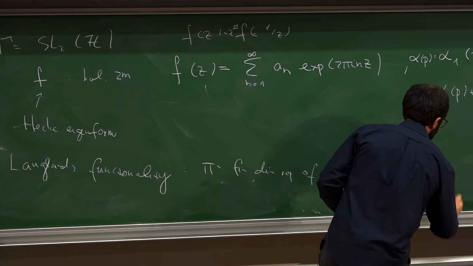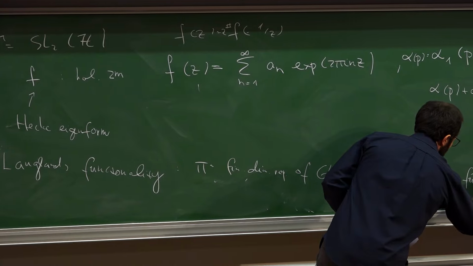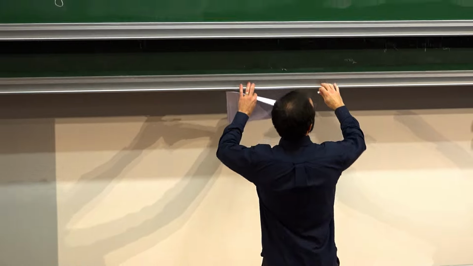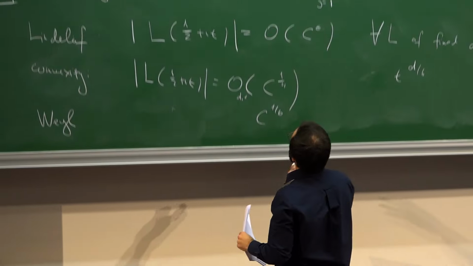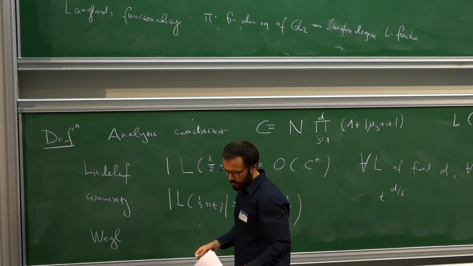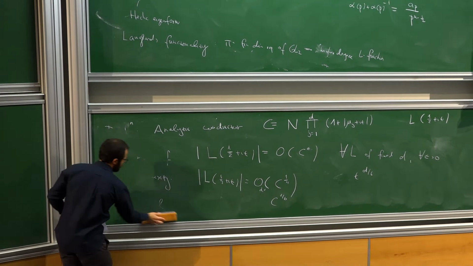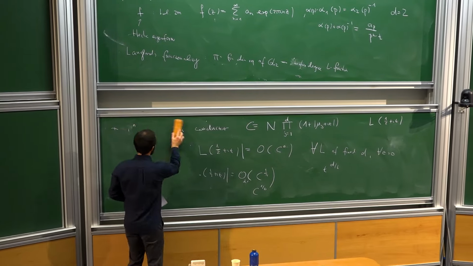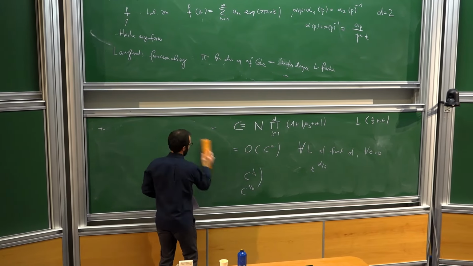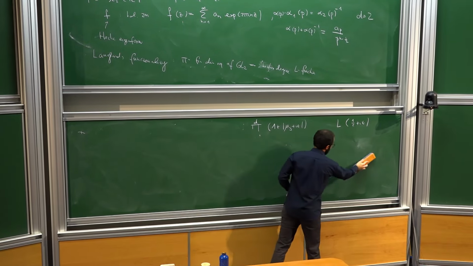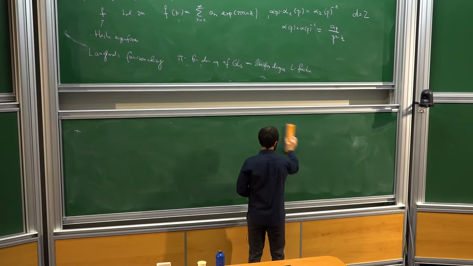And the example of this functoriality idea that is relevant for the three-point functions C_ijk is the symmetric square of GL2. So that's a 3-dimensional representation.